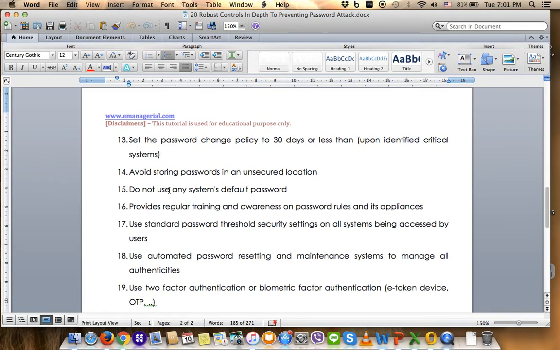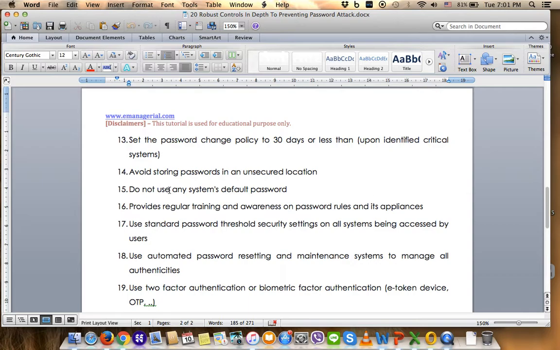Control number 13: set the password change policy. It means the password age should be only 30 days or less for identified critical systems. This is the area where most organizations open a channel for fraudulent activity.